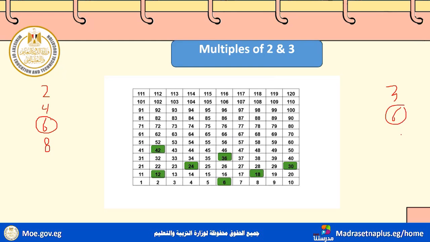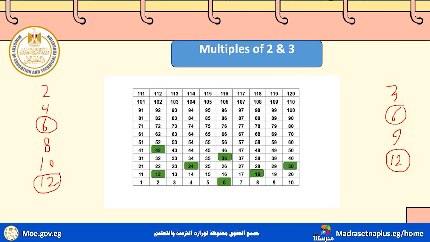Let's go on: 9, 10, 12, 12. We got another common number, 12, a multiple of 2 and a multiple of 3 at the same time. So this circled number is called a common multiple of 2 and 3.